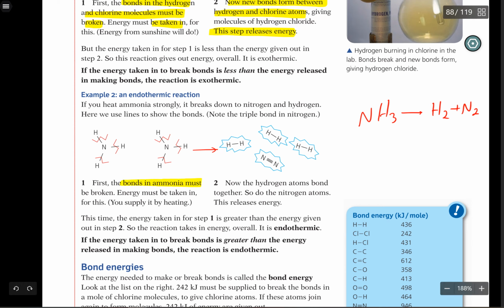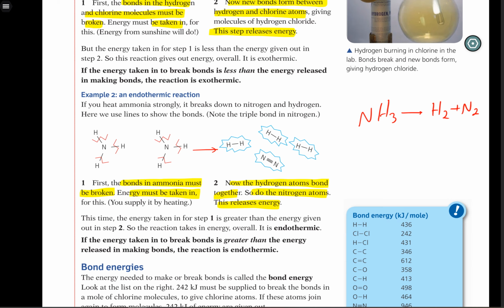So the bonds in the ammonia must be broken. The energy must be taken in for breaking the bond. The second step, when we make the atoms, the atoms rearrange and new bonds form between the atoms. The hydrogen atoms bond together and the nitrogen atoms bond together. So this step releases the energy.